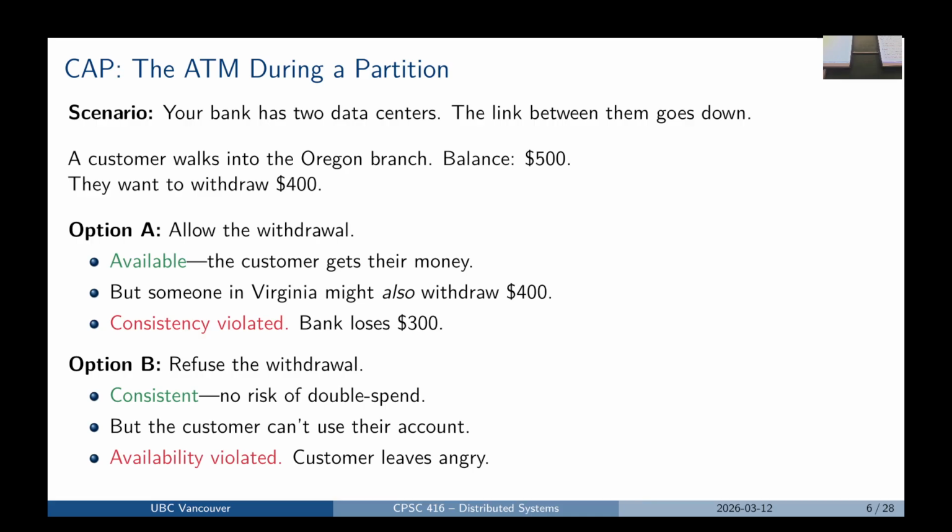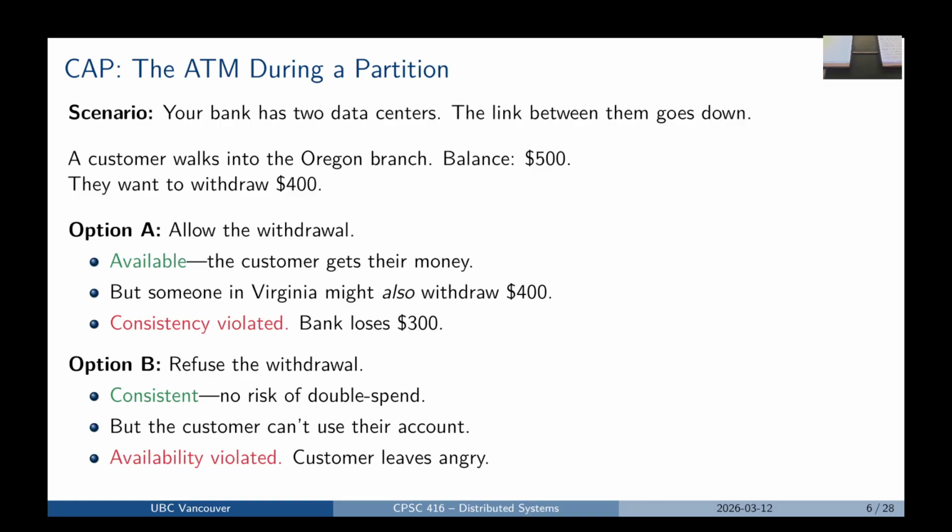In the CAP theorem, the interesting instance there, which is availability versus consistency, is the classic: you walk to the bank machine to take money out. Your bank has 2 data centers. You walk into the data center in Oregon. And you have a balance of $500. You want to withdraw $400.